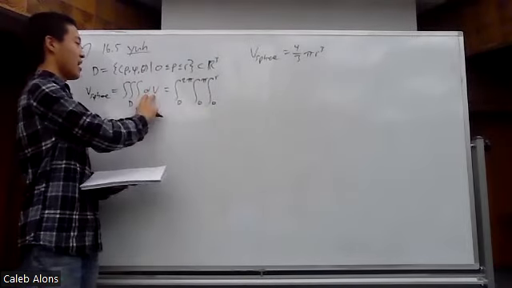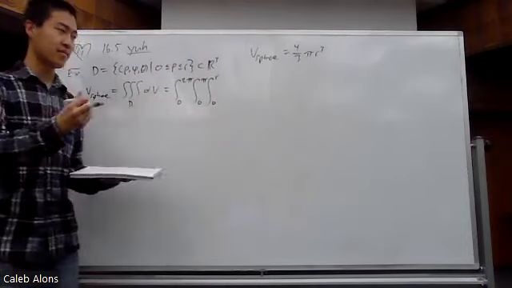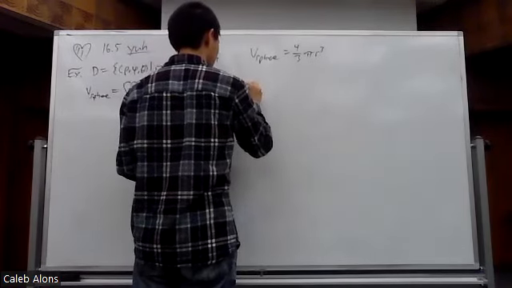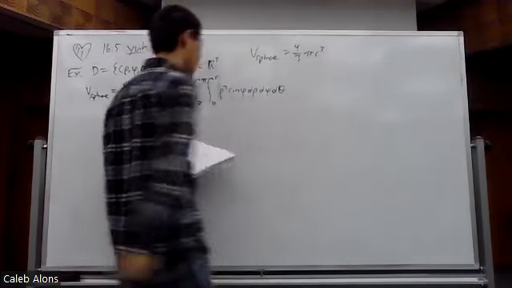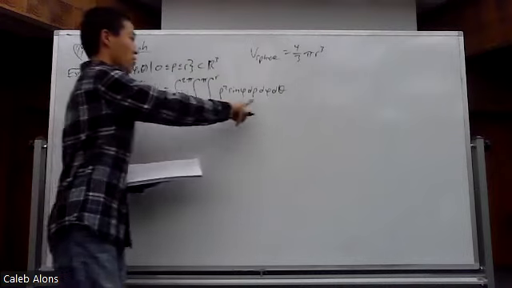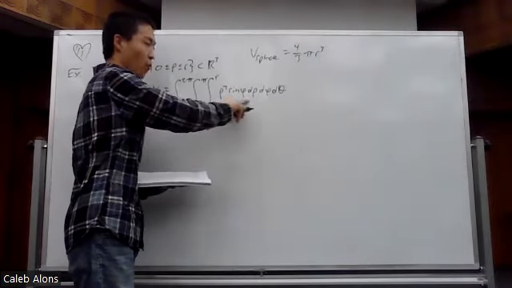Now, I emphasize, what is spherical dV? Rho squared sine phi d rho d phi d theta. Got it? Since we're doing rho first, sine phi is gonna be a constant. Pretend like that's the number 4 or something.